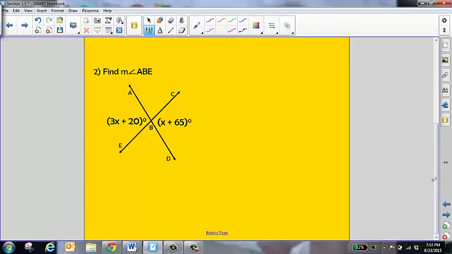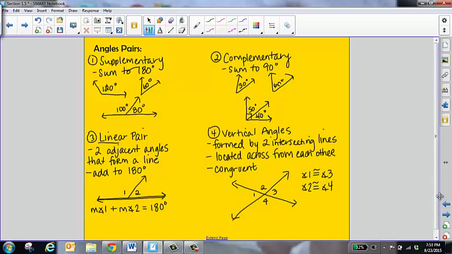All right, so taking a look at this diagram, again, following those 4 steps up at the top, the first thing we want to identify is what type of angle pair do we have here. In order to determine that, we want to look back at the different types of angle pairs up at the top of our foldable.